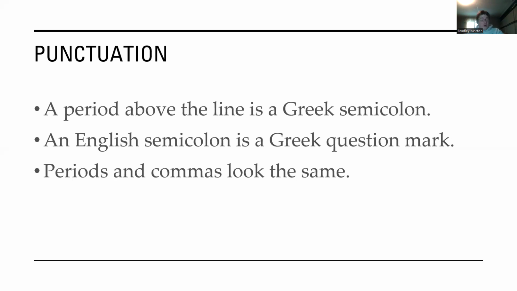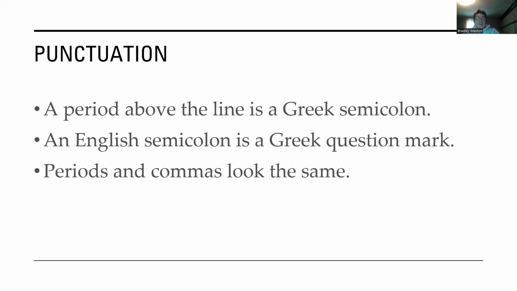An English semicolon, the dot and the comma, is the Greek question mark. So if you see an English semicolon, just know that it is indicating that what's being said is a question, okay? And finally, periods and commas look the same from Greek to English. So when you see a period or a comma in its normal place, it's going to hold that function.